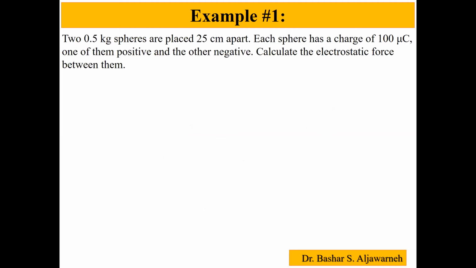So 2.5 kilogram spheres are placed 25 meters apart. Each sphere has a charge of 100 microcoulomb, one of them positive and the second negative. Calculate the electric force between Q1 and Q2. We know the electric force equals K times Q1 times Q2 over R squared.